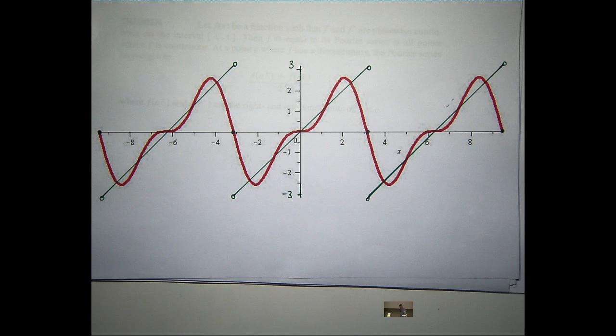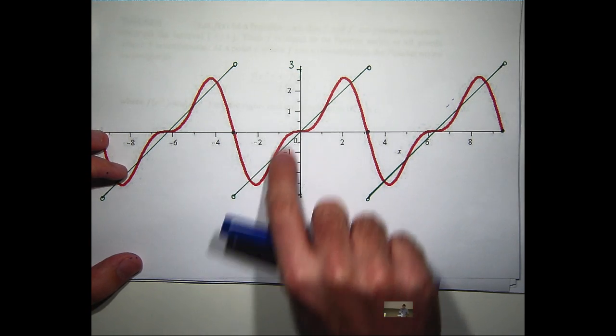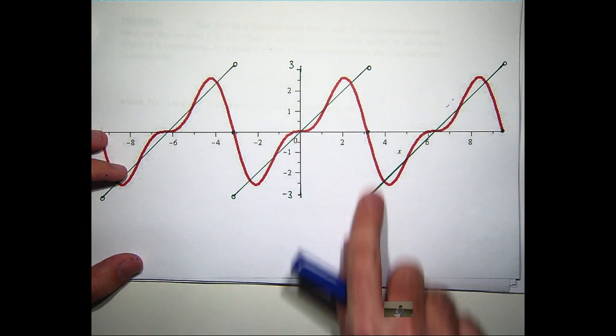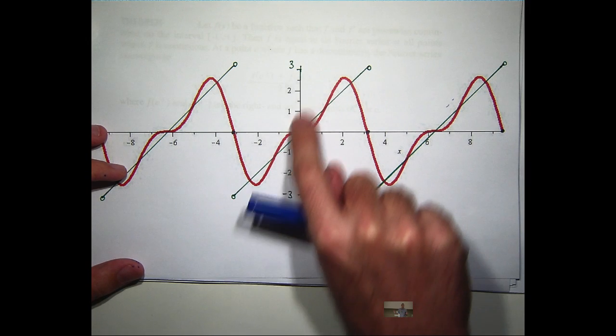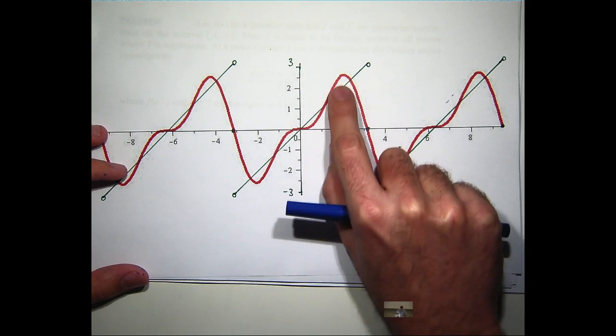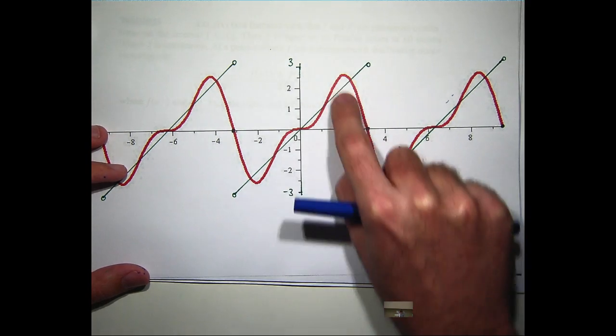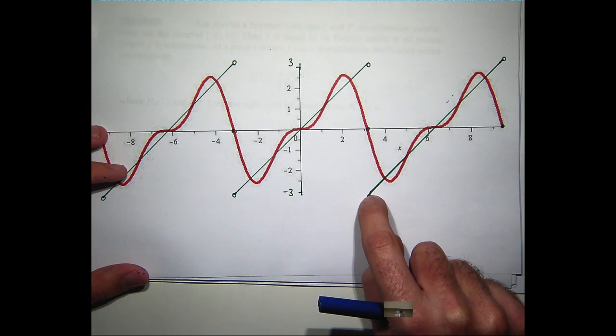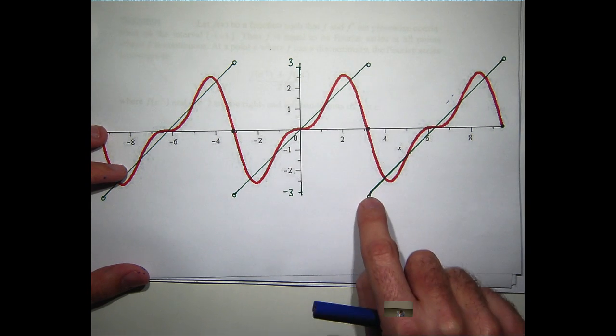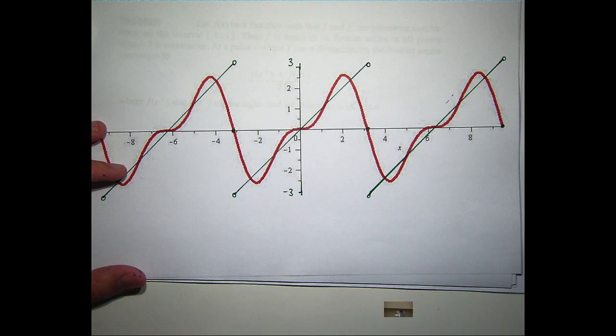If you kept adding, maybe go up to the 10th term, the 10th partial sum of your Fourier series, you would get a tighter and tighter wrapping around the green curve. Okay, and you get this crazy situation where you've got this really tight wrap and then this almost instantaneous jump down to the start of this part of the green curve. Okay, so a couple of things to observe.